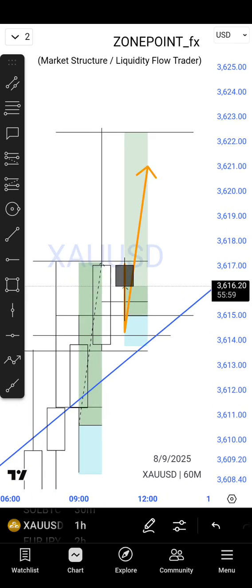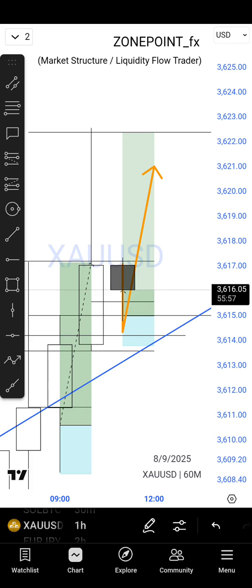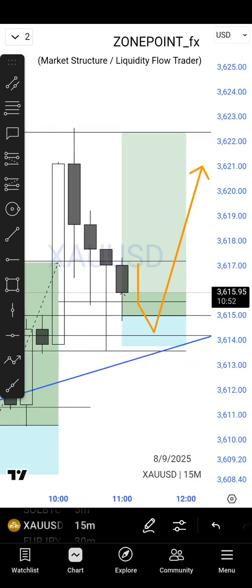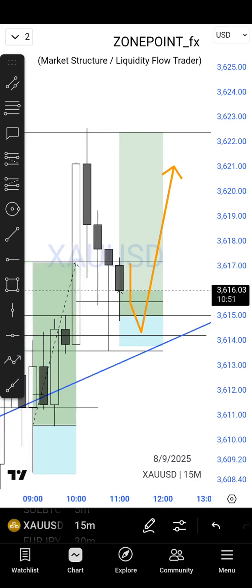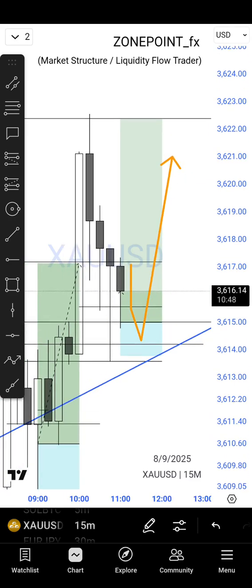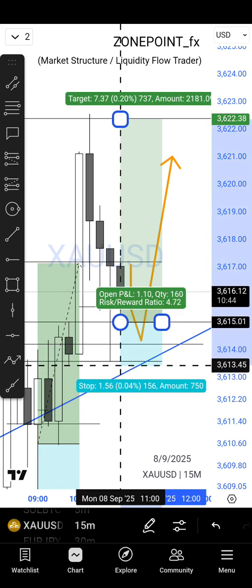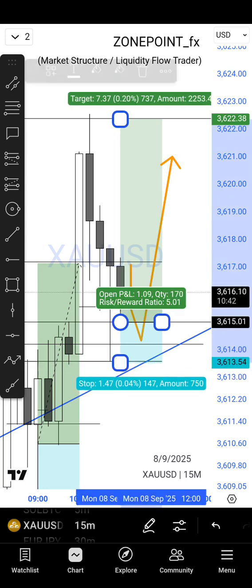I'm still watching how the market will play out. Let's check 15 minutes. I just tighten my stop loss since I'm already seeing a reaction, but the reaction is not clear yet. So my stop loss, I can just put it at this level here.